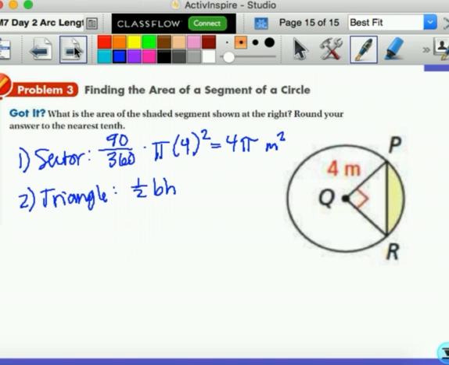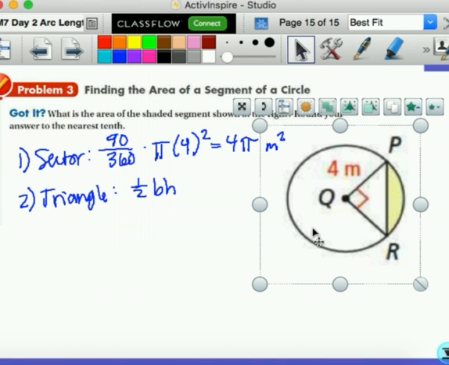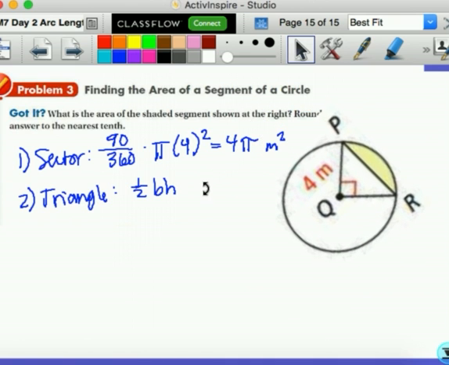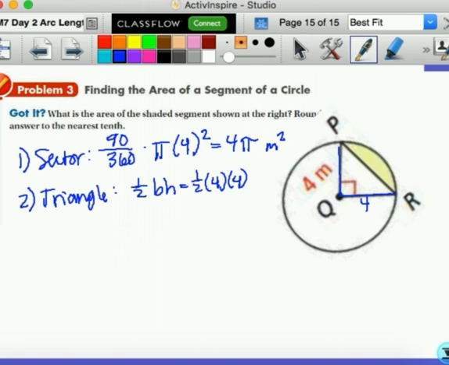And what's really nice about this particular question, if I turn this just a little bit here, is that the 4 is the radius of this circle, right? It goes from the center to the edge. So with that, that means this radius here is also 4. So I've got 4 and 4 as my base and height. So 1/2 of 4 times 4.